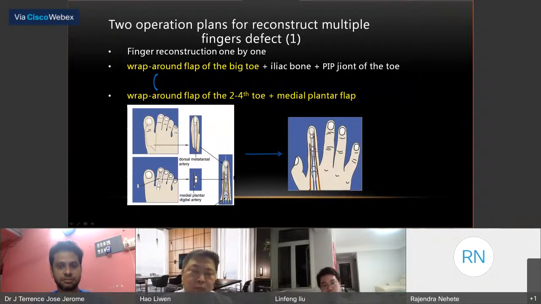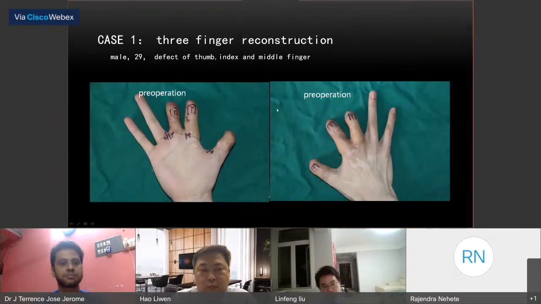But we have only two big toes, so for the other fingers we use a wraparound flap of the second, third, and fourth toes, and the medial plantar flap instead of the big toe wraparound flap. In this case, we can show the process of this three finger reconstruction.